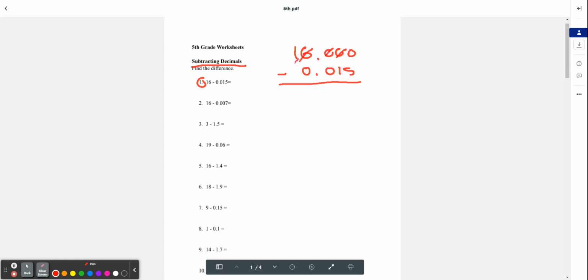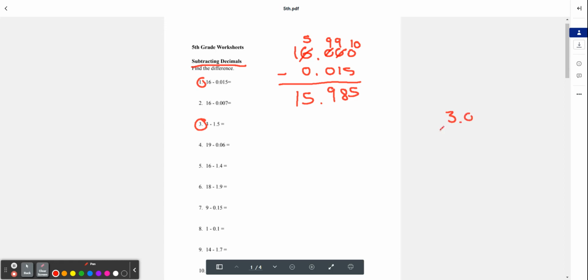So we're going to borrow from 6, so we get 5, these become 9s, and this becomes a 10. 10 minus 5 is 5, 9 minus 1 is 8, 9 minus 0 is 9, 5 minus 0 is 5, and we get 15.985 for 1.